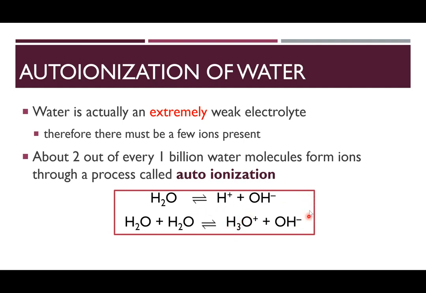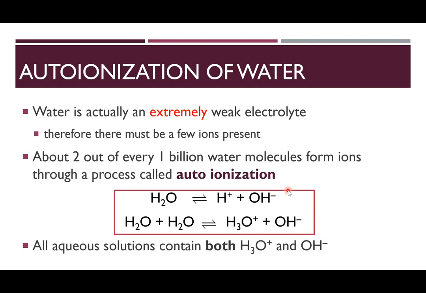So again, these two are synonyms of one another. They mean the same thing, just a slightly different way. What this means is that all aqueous solutions, or all water solutions, contain both hydroxide and this hydronium ion.